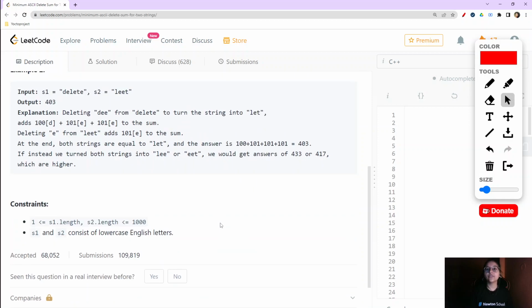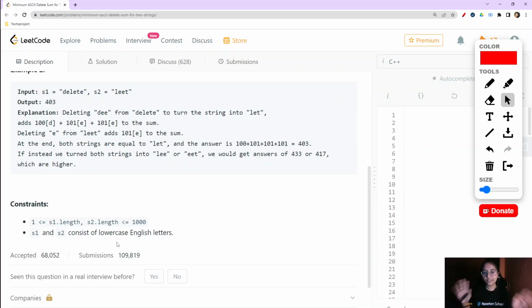Now let us check the constraints. Both strings can go at max up to 1000 characters, and S1 and S2 both have English lowercase letters only. As per these constraints, we can go ahead with the recursive method, but because we are required to go ahead with all the choices, the solution would be in exponential time, and that's the reason we are required to memoize it so that it could go ahead with an n square solution.